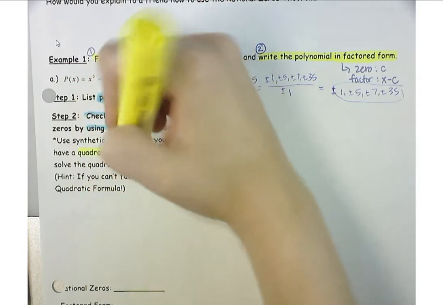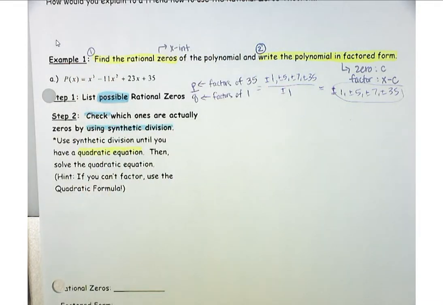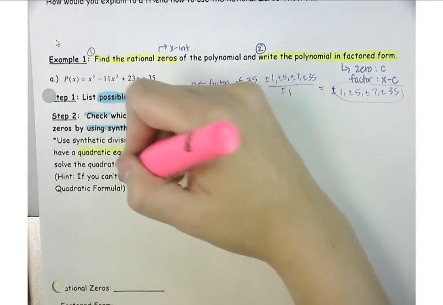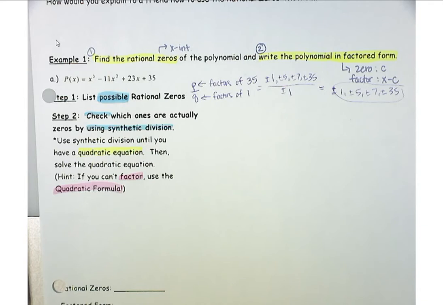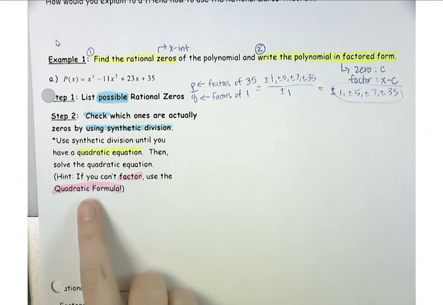Then you can solve the quadratic equation. And to solve a quadratic equation, you can either factor, or if you can't factor, you use the quadratic formula. So that is why we want to get it down to a quadratic, because quadratics you can always solve using the quadratic formula, even if they aren't integers. So that is going to be our ultimate goal.